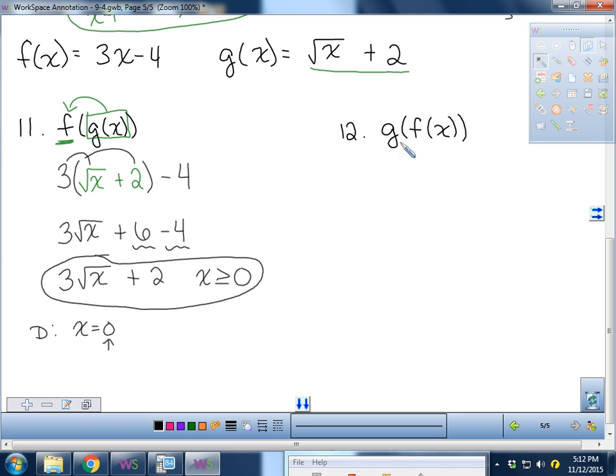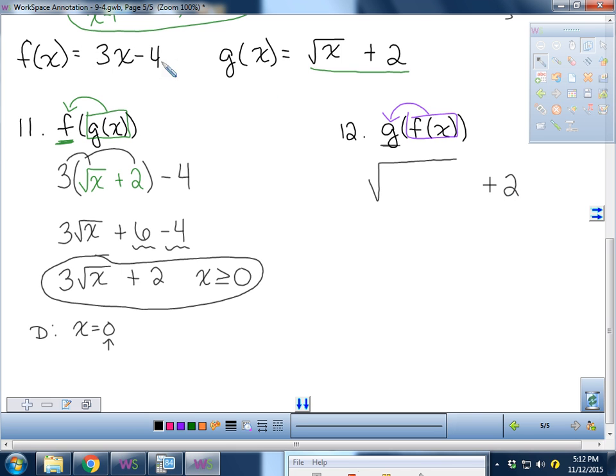Okay. Now let's take a look at the opposite direction. We are going to plug the f of x into the g. So I will write down the g, okay? But instead of putting x under the square root, I need to leave space because I'm going to plug this in. And then on the outside, I've got the plus 2.